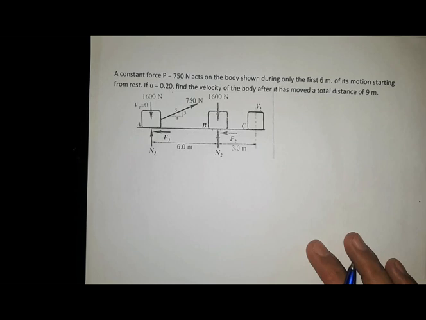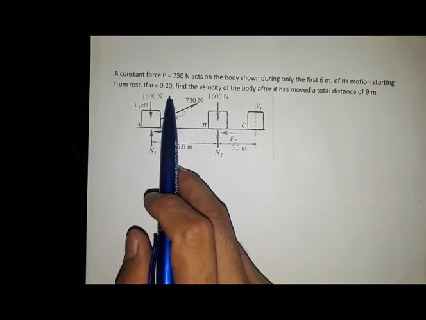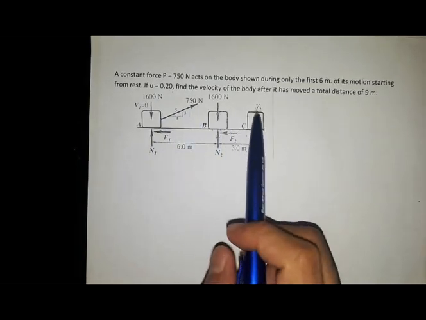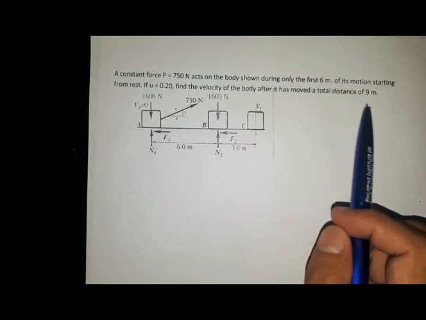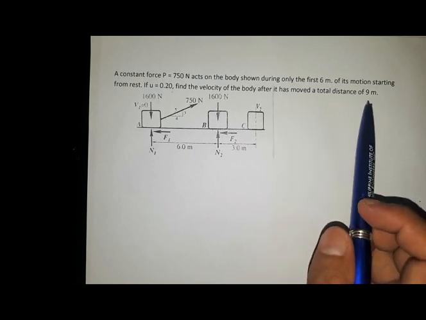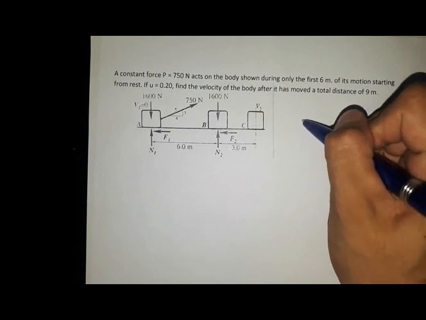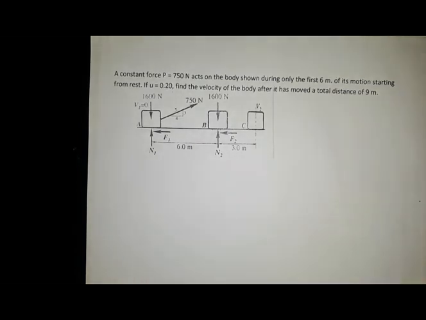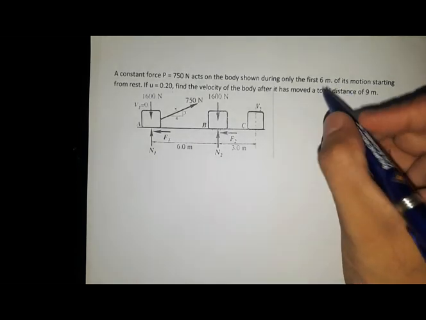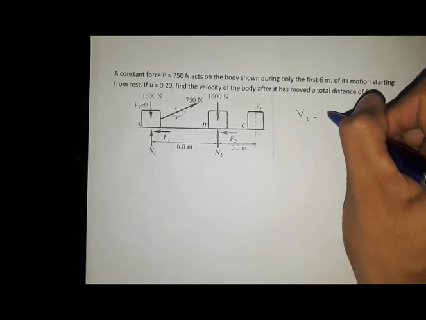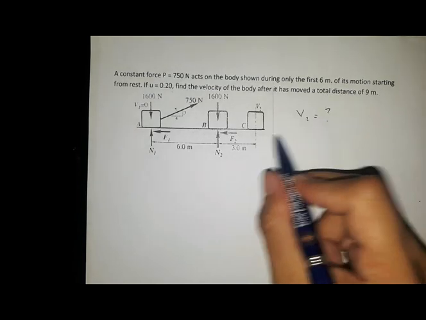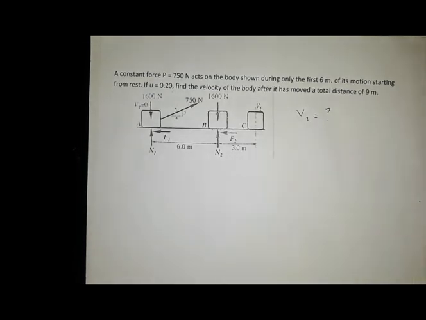If the coefficient of friction mu is equal to 0.20, find the velocity of the body after it has moved a total distance of 9 meters. So we are going to solve the value of the final velocity v2.